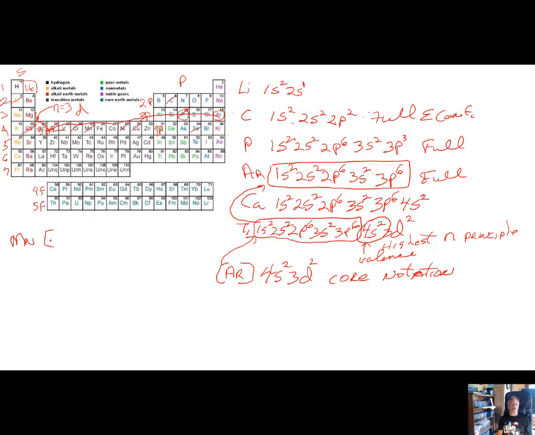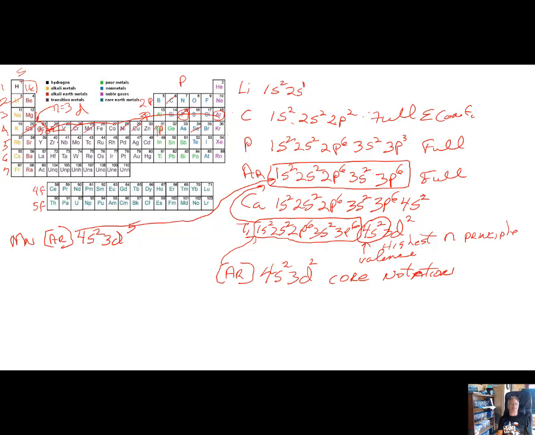So that's going to be argon, and just keep in mind that the argon core takes care of all of that. Then all that's left for manganese is 4s2 and 3d. Let's count them up: 1, 2, 3, 4, 5. That's 3d5. And so this is core notation for the electron configuration for manganese.